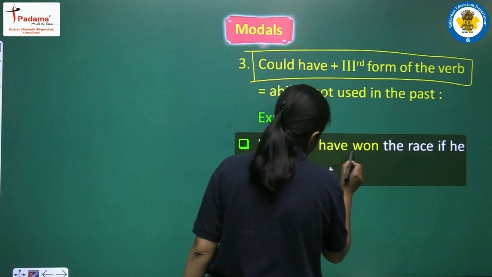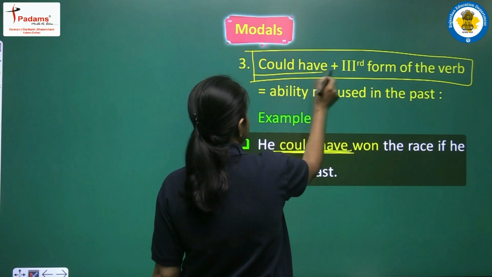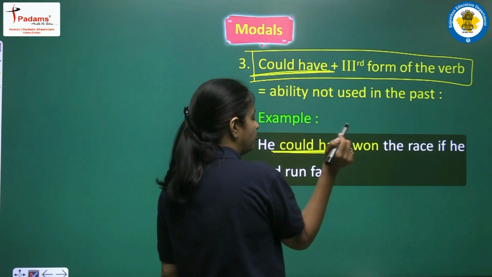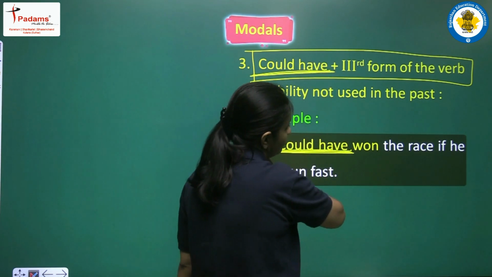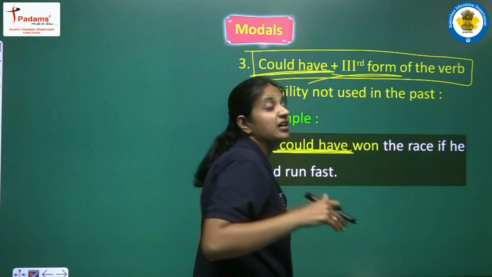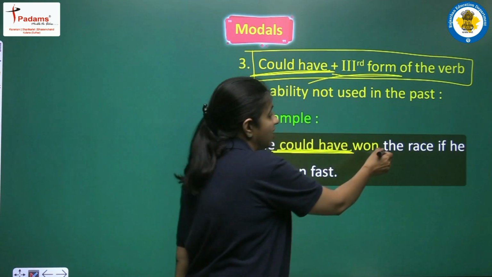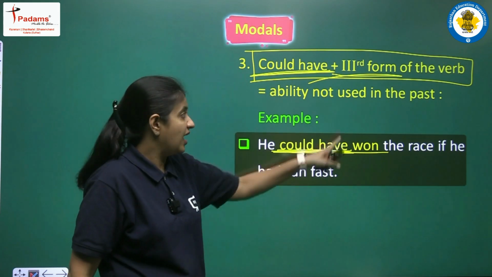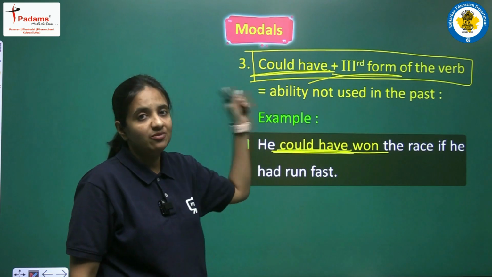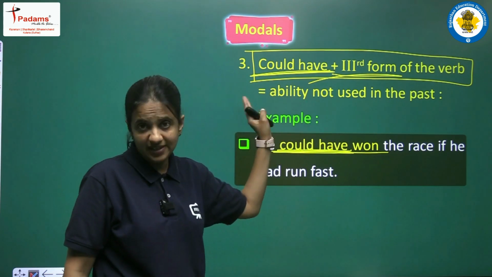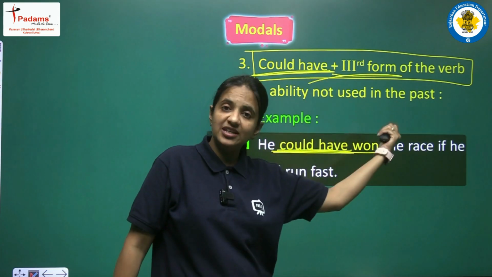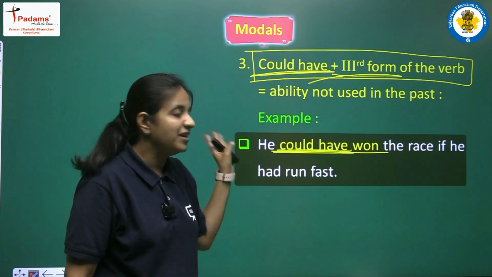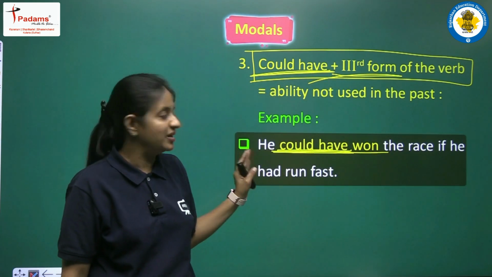So here we can see we are having could have. Yes, this was our rule, that the sentence should have could have. After that there should be the third form of the verb. So yes, we are having one, that is the third form of win. So we are having the same structure here. It means here we are talking about the ability that was not used in the past. So one more time, let's read the example.